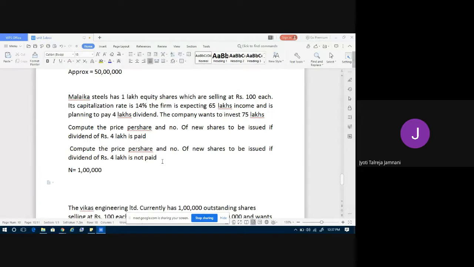Selling at rupees 100 each, so P naught is equal to 100. Its capitalization rate is 14%, so KE is equal to 14%. The firm is expecting 65 lakh income, so earnings is equal to 65 lakhs.